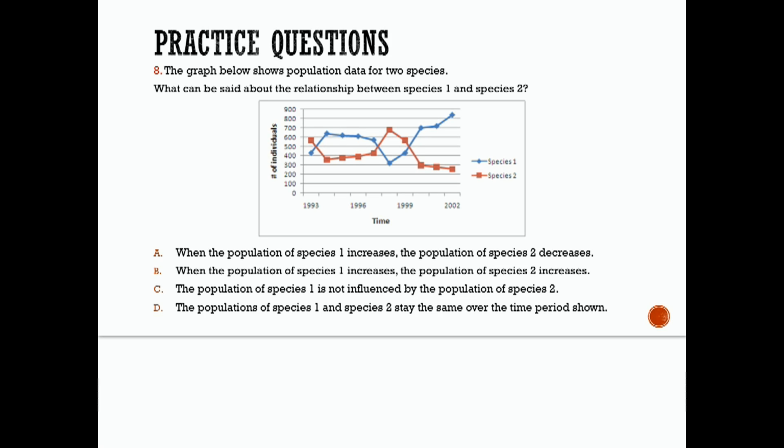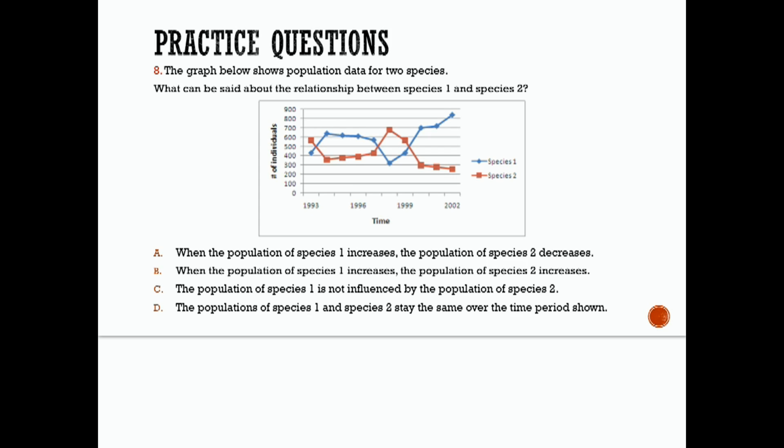So this graph shows that as the population of species 1, we're in blue, increases, the population of species 2 in red does what? It decreases. So as species 1 population increases, species 2 population decreases.